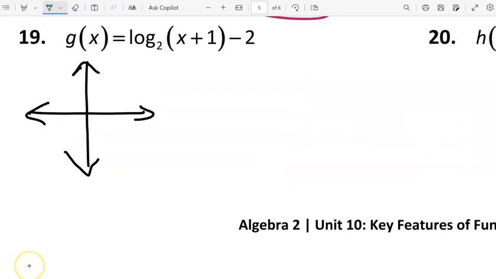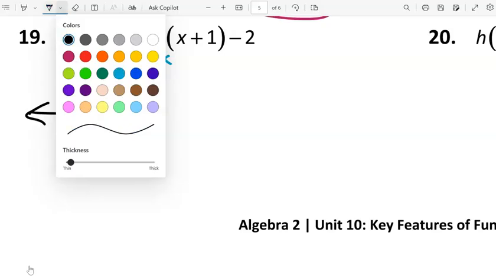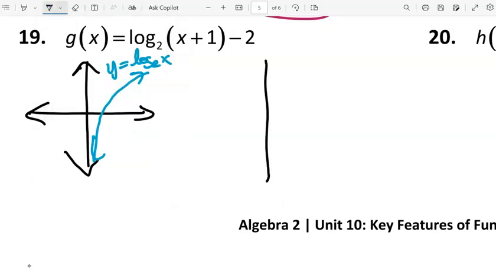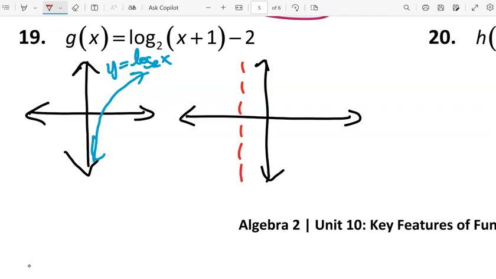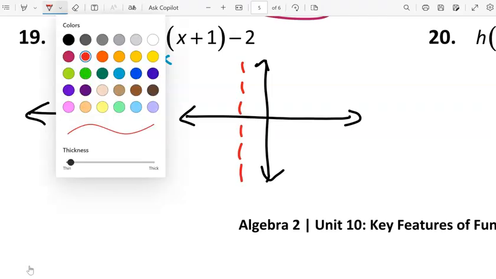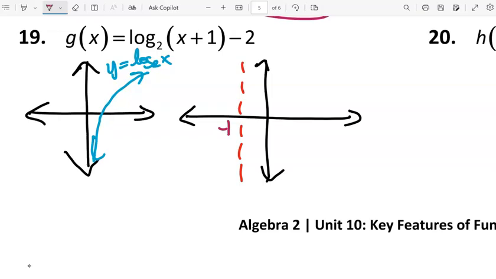In number 19, the parent function is y is equal to the log base 2 of x, and the graph is transformed by moving it left 1 and down 2. So if we move it left 1, the vertical asymptote will happen at x equals -1.